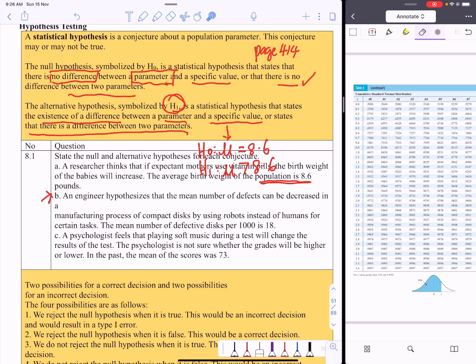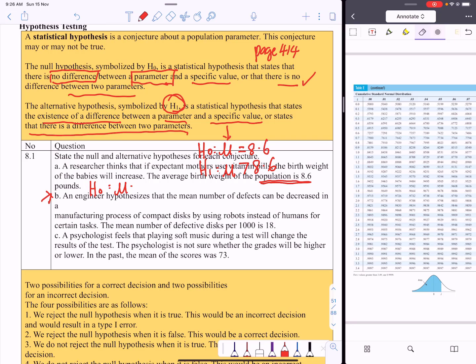We believe that with the new process, new technology, the number of defects can be decreased, meaning it is less than what we have in the population. Do you know how to write it? The first one is H null.